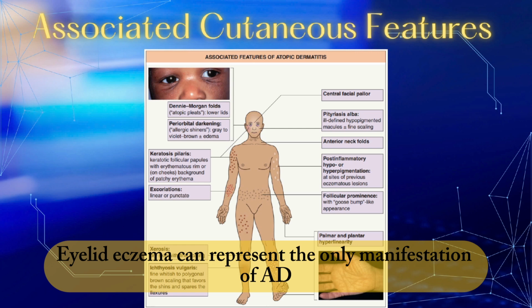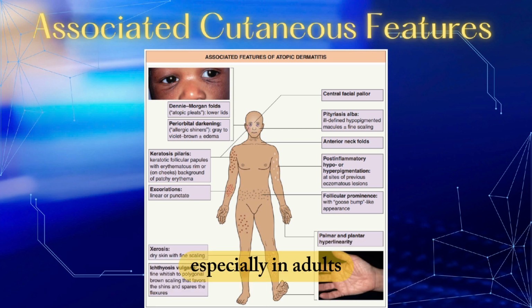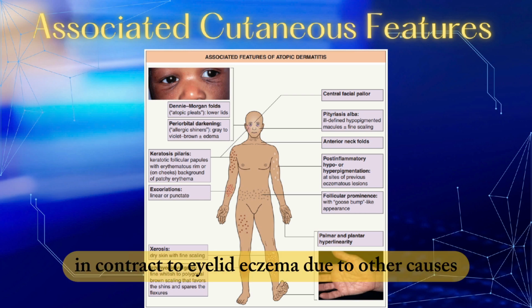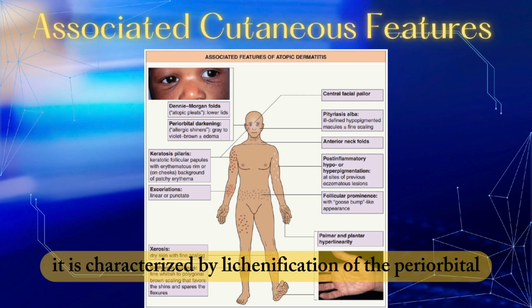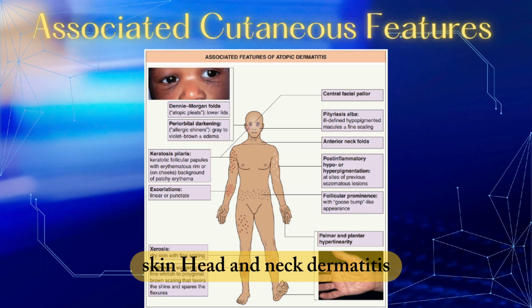Eyelid eczema can represent the only manifestation of AD, especially in adults, in contrast to eyelid eczema due to other causes. It is characterized by lichenification of the periorbital skin.